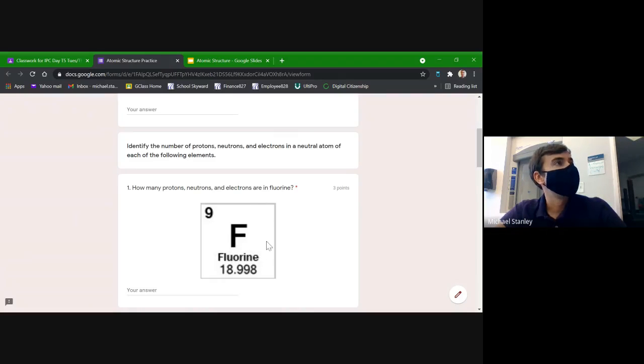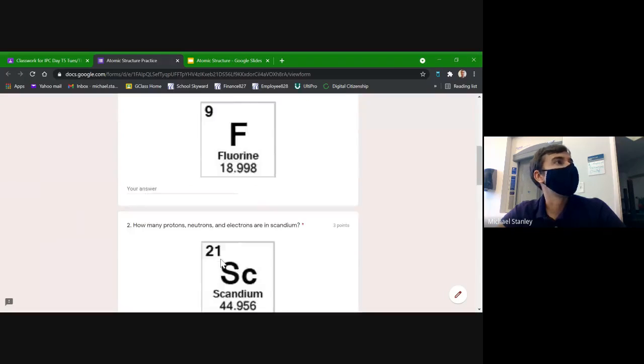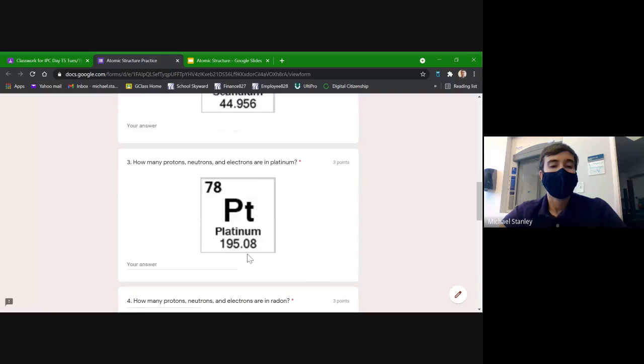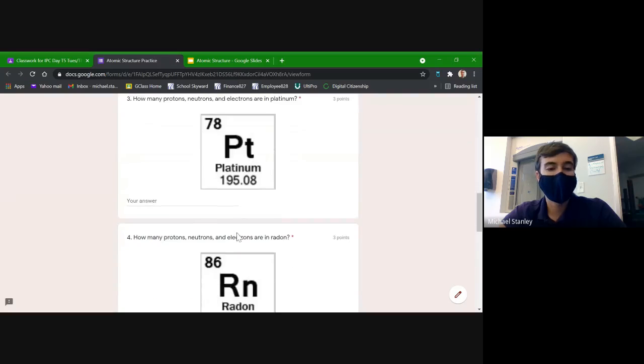There is fluorine that has an atomic number of 9 and an atomic weight of about 19. There's scandium, has an atomic number of 21 and an atomic weight of about 45. There's platinum, has an atomic number of 78 and an atomic weight of about 195.